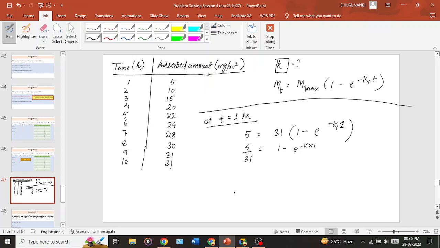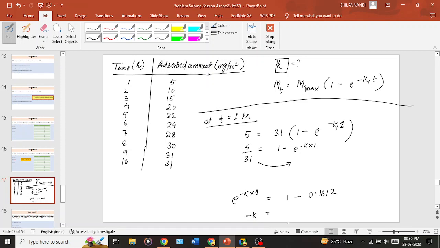If I shift this to this side and this to this side, you can write it as 1 - 5/31, which will come around 0.1612... wait, that is e^(-k). So now you can easily determine k.